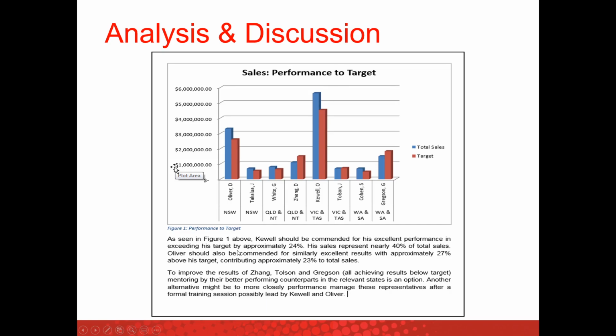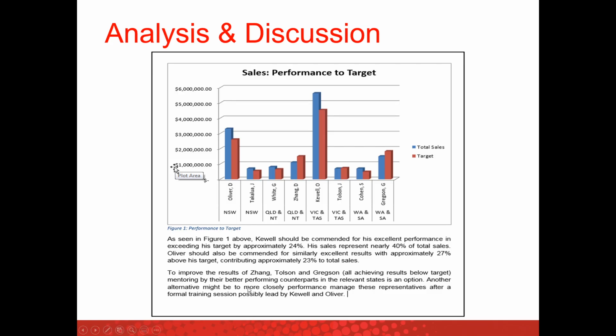Right? So if I say here, his target by approximately 24%, 24% of what? Right? So actually make sure that you include dollars and don't just speak in percentages like this. Right? So you must include dollars and percentages so people can see what the differences are. You can feel what they are.